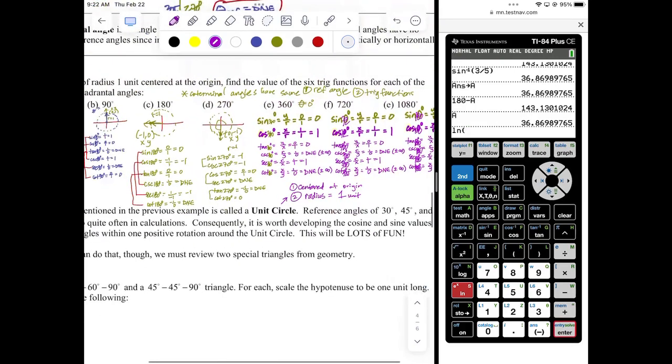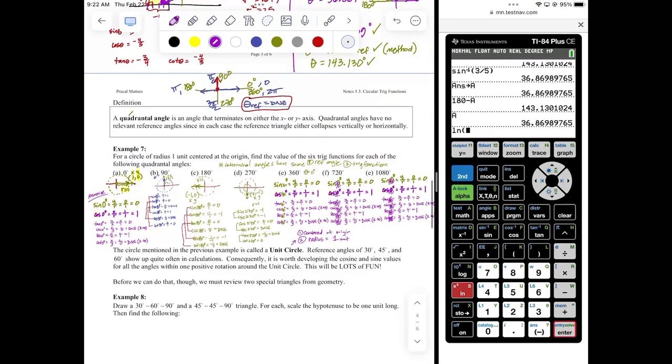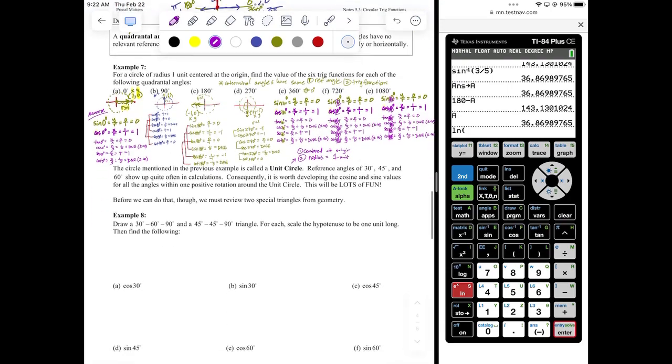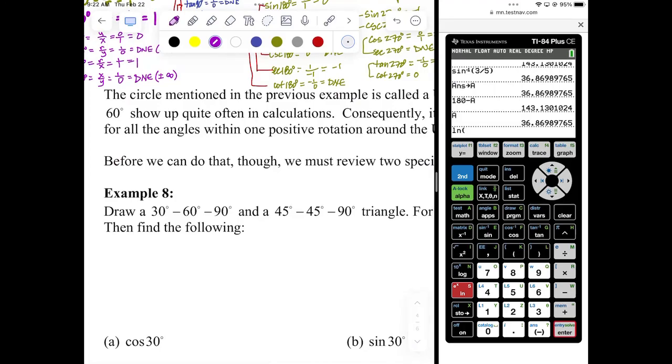Okay. We are going to memorize all 6 trig functions for a slew of angles as we rotate around the unit circle. We're going to memorize them for all of the quadrantal angles, all 6 trig functions for all the quadrantal angles, plus all of the trig functions for your special right triangles from geometry.